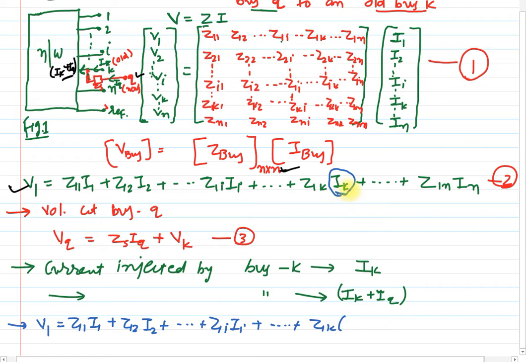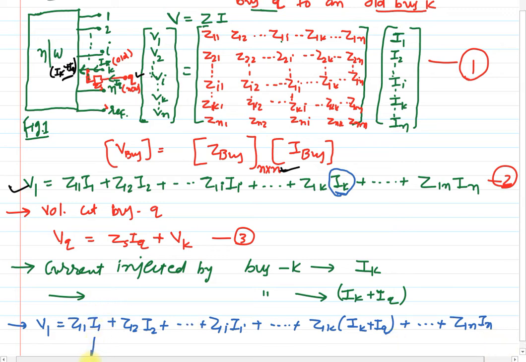Now instead of Ik, I will consider Ik plus Iq because of this new bus Q which is added onto the old bus K. So we will consider the change in current after addition of that new element or new bus Q, plus Z1n In.